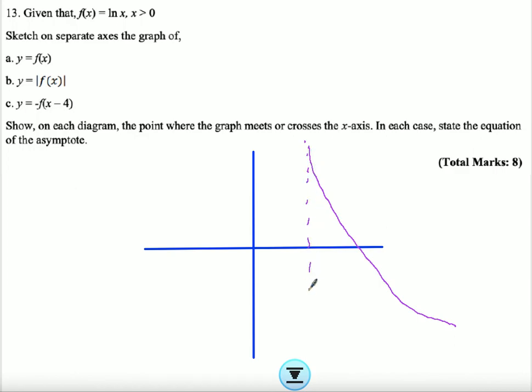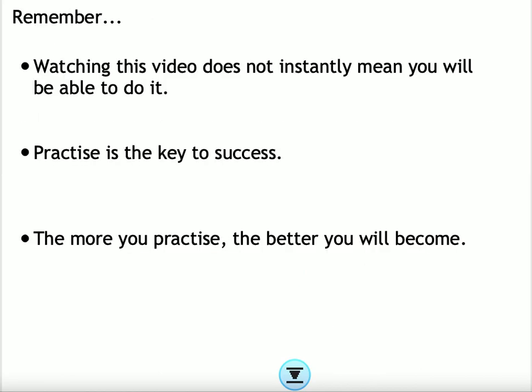And we're going to have an asymptote here. x equals 4 is our asymptote. And it's now going to be cutting through 5, 0, isn't it? Okay, so that's just your graph transformations, really. And we are done. Okay, whew.